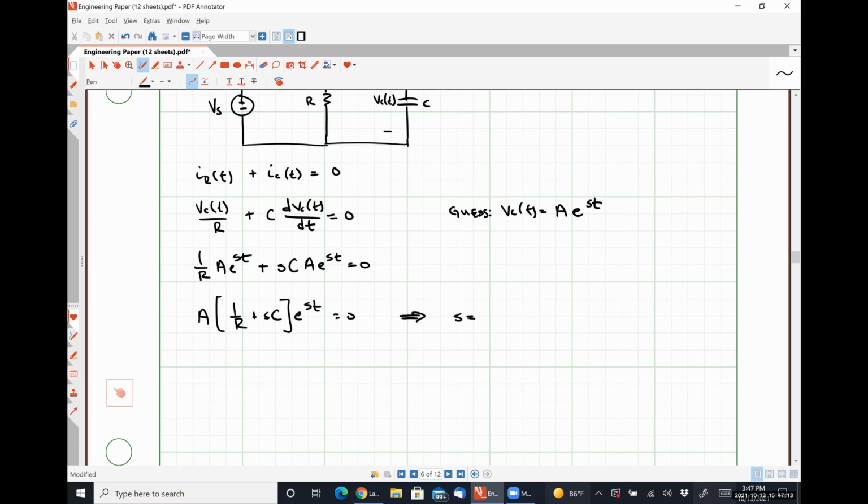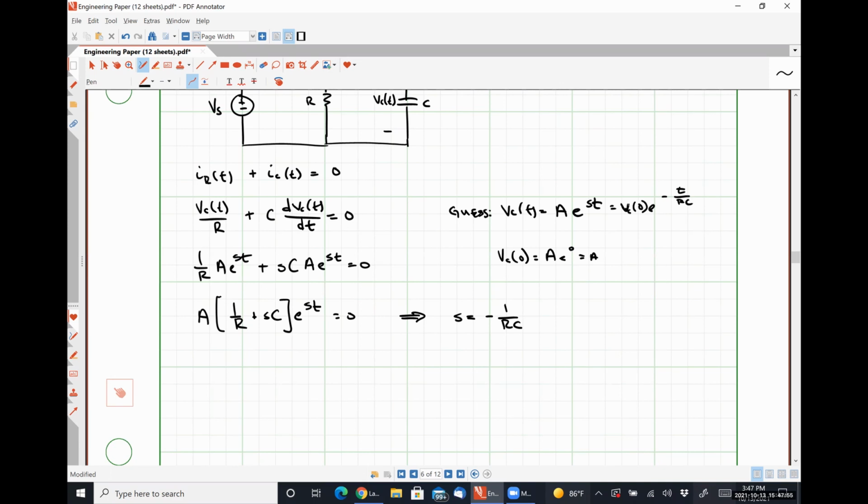And in this case, s must be what? Exactly right, -1 over RC. So we have A e to the negative t divided by RC. At t is equal to 0, VC of 0 is equal to A e to the 0, which is equal to A. So our initial condition on this guy just needs to be VC of 0.